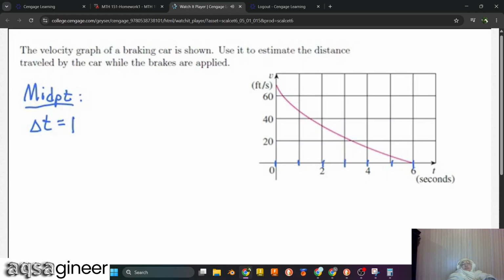But since we're using midpoint approximation, I'm going to use the midpoint of each of these intervals to determine the heights of my corresponding rectangles. So there's my first rectangle. This is not part of the question exactly, but it's always good to draw these kinds of pictures.